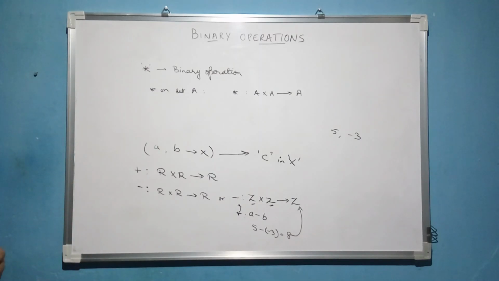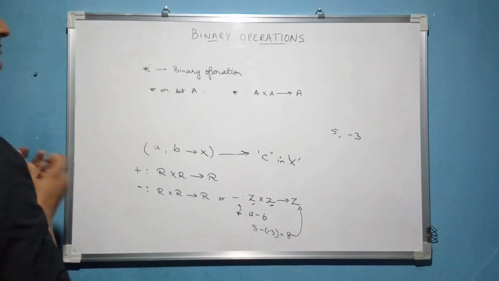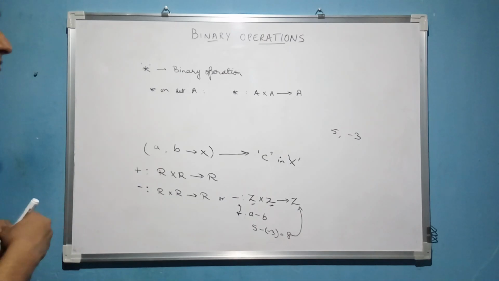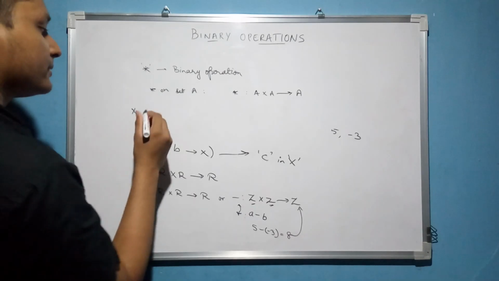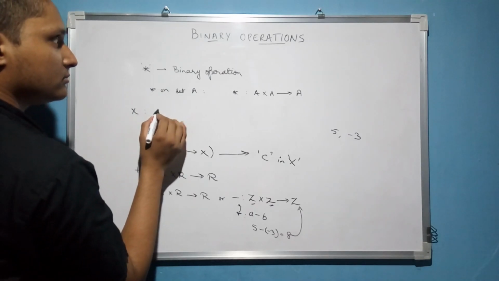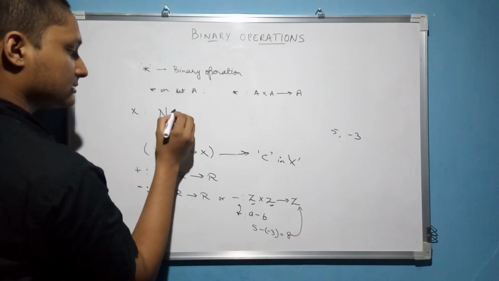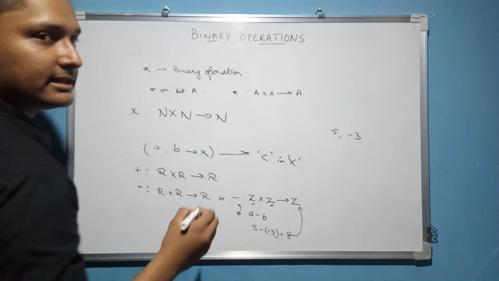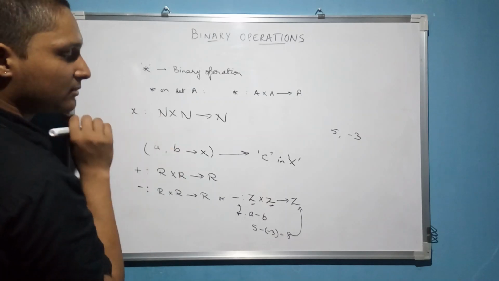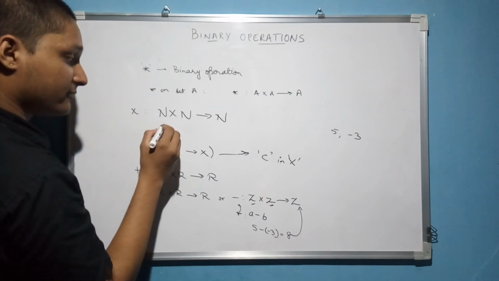Right? So we'll just check one more. For example, I'm going to take multiplication as one more binary operation. For multiplication as a binary operation, let me take the set of natural numbers, N cross N to N. So let me take any two numbers from this. One of the natural numbers is 4.